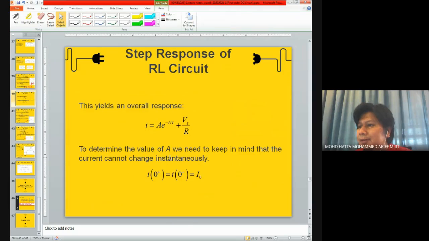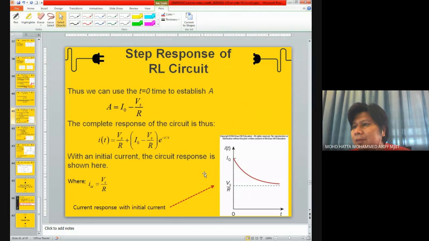Maybe the important part is the initial value of the current. Maybe later it will be a little bit easier if we have a look at the example in just a while. What I'm trying to highlight here is the complete response of current flowing through the inductor.